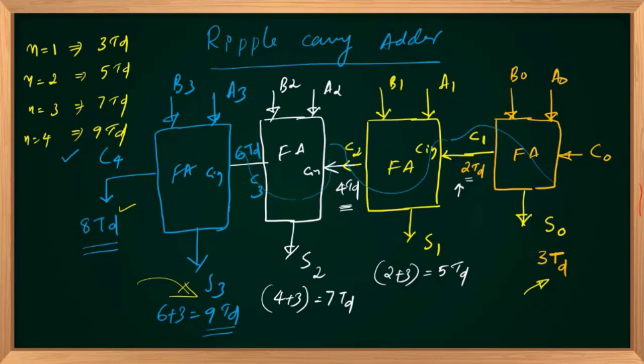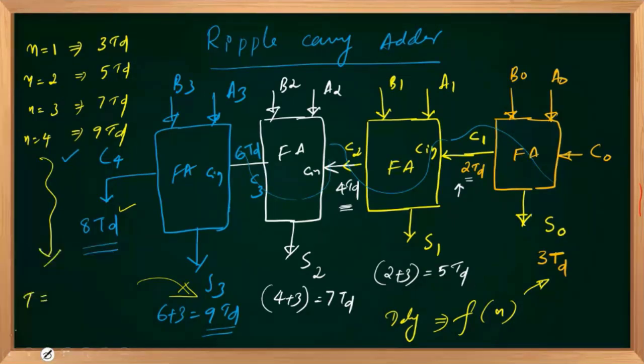So you can simply write it as the total delay. Total delay is a function of the number of stages, right? So total delay T equal to, if n equal to 1, it should be 3. N equal to 2, it should be 5. So you can write it as adding a constant 3 with n minus 1 times 2.